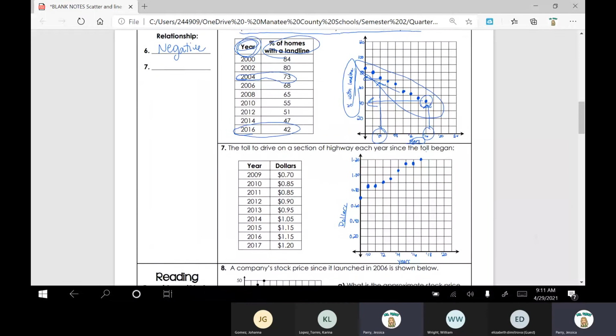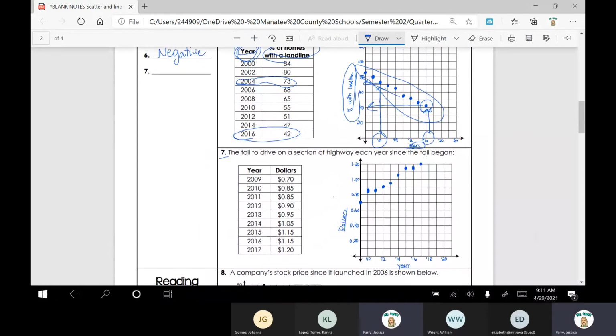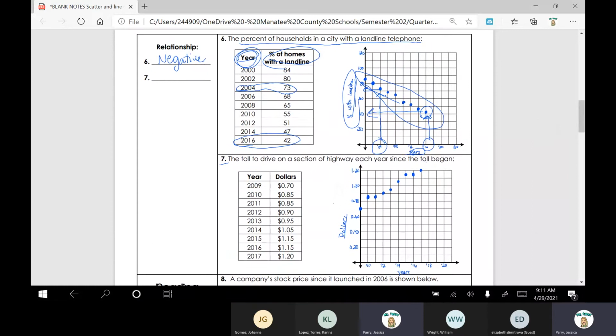Okay, number 7, it says the toll to drive on a section of highway each year since the toll began. I went ahead and put it on there for you, our years and dollars. Here's all of our points plotted on there. Is this going to be a positive, negative, or none? Remember, you read it from left to right.